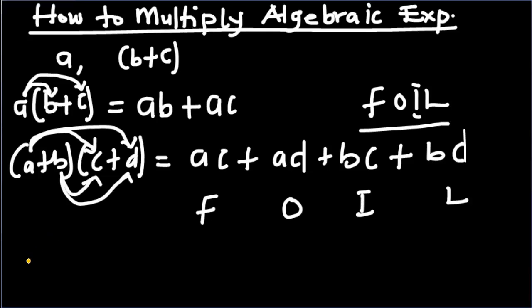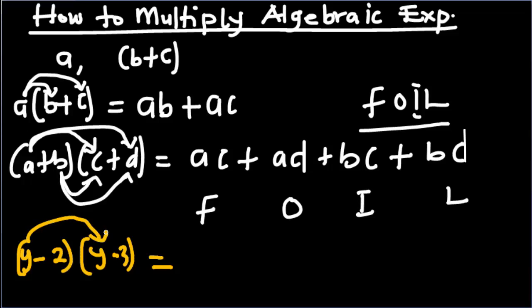Okay, so example 2, we have y minus 2 multiplied by y minus 3. So the first terms, y multiplied by y, you have y squared.